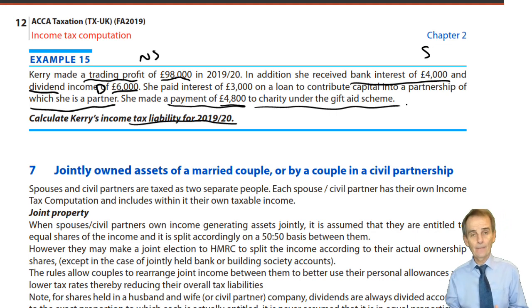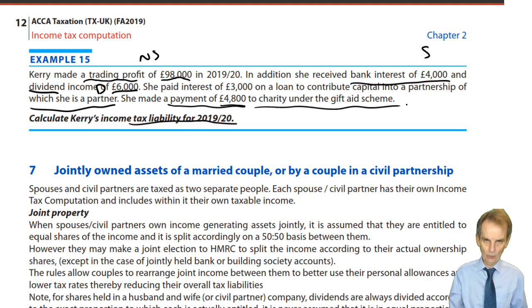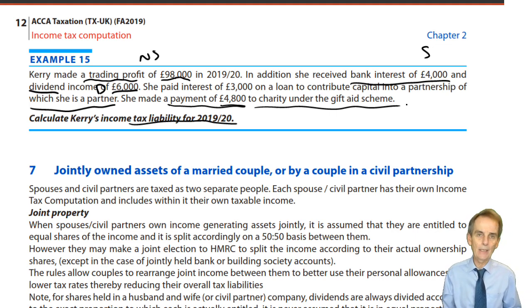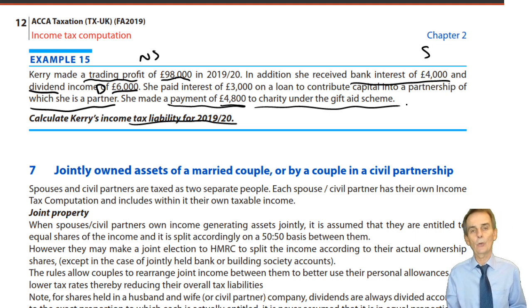That will give you net income, at which point in a separate working do an adjusted net income calculation. If your adjusted net income exceeds 100,000, there will be a restriction in the £12,500 personal allowance. If it does not exceed 100,000, then there is no restriction and the full £12,500 would apply.